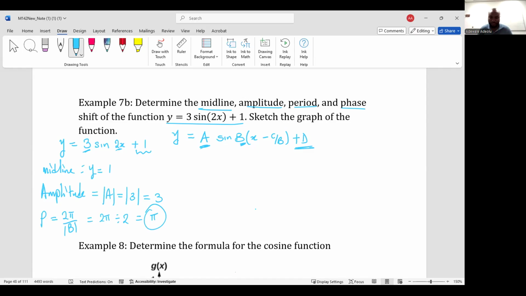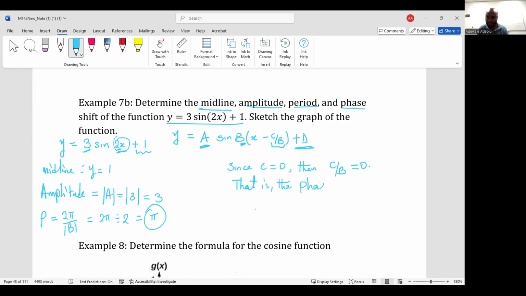Lastly, phase shift. Do we have this? No, we don't. That means in that case, C is 0. So since C equals 0 in this case, then C over B is 0. That is the phase shift.